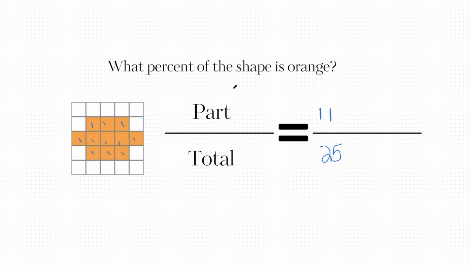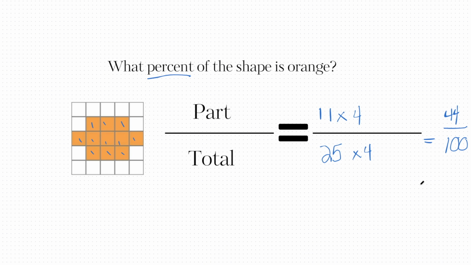But here's the thing. The question is, what percent is it? Again, percent means out of 100. There are different ways of doing this, but we have to figure out how to make this 25 turn into 100. We can multiply both the top and bottom, the numerator and denominator, by the same number. Notice if I multiply by 4, I get 100 in the bottom. Then if I multiply the numerator by 4, I get 44.